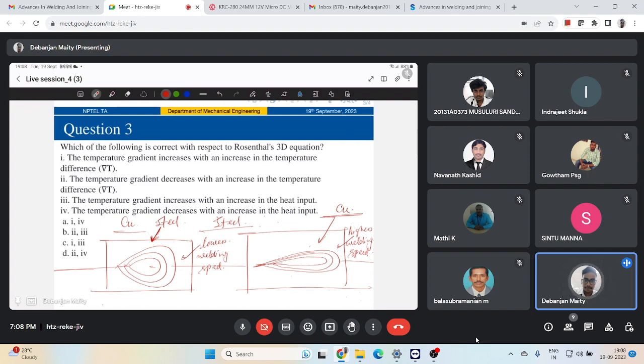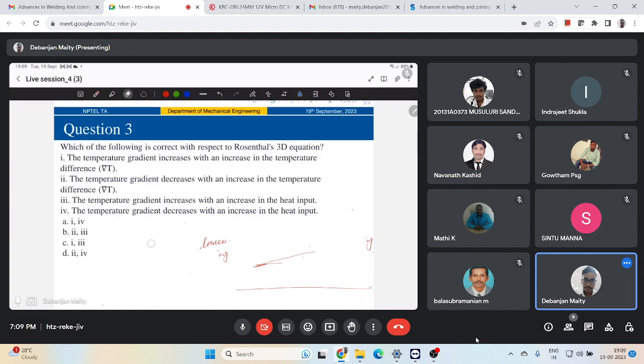Now, coming to this question, let me write Rosenthal's 3D equation, and then we can solve it. It asks which of the following is correct with respect to this Rosenthal steady equation.